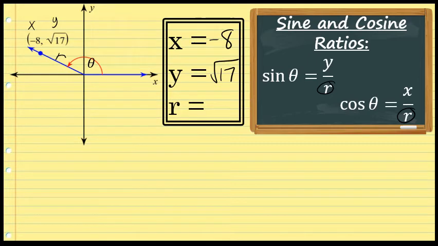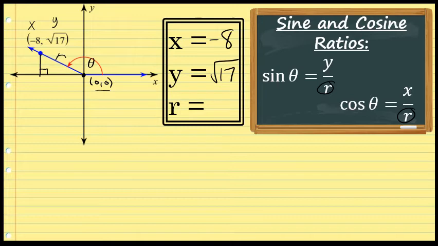There's actually a couple ways to find this value of r, which is a distance from the origin to the point -8, square root of 17. I could use the distance formula and compute the distance from 0, 0 to -8, square root of 17. Or I could represent the situation as a right triangle.